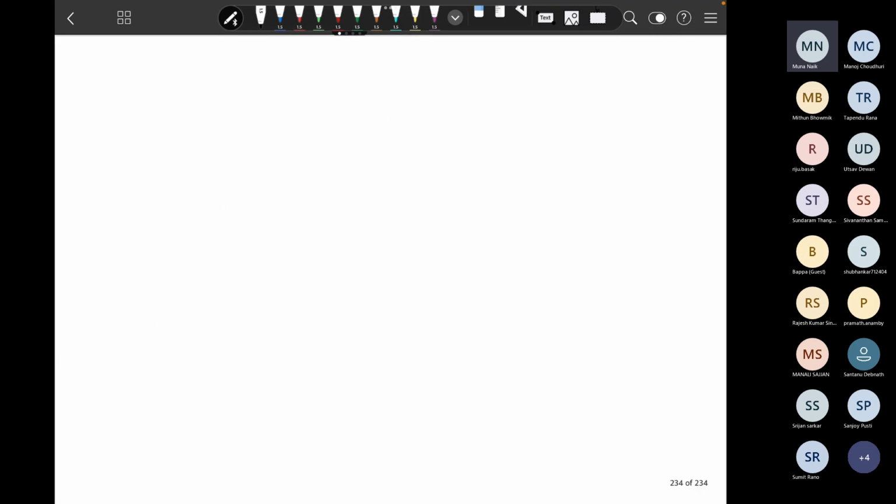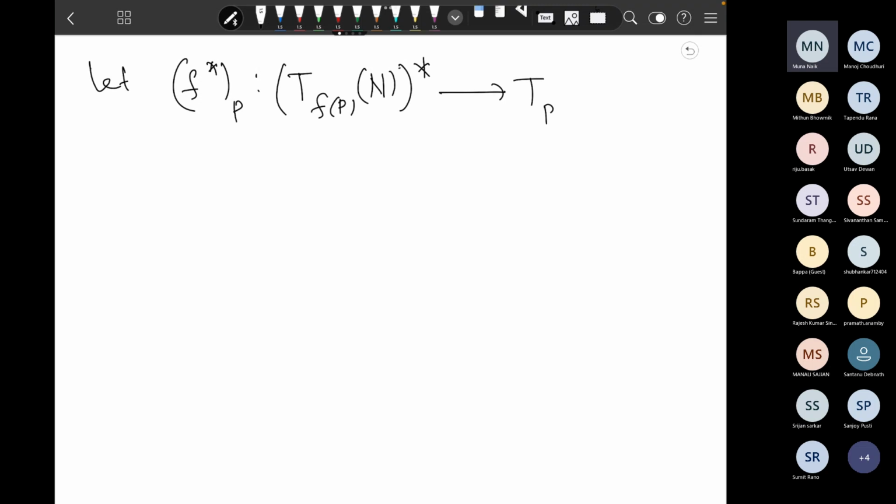So let F star. Actually, people write lower star here, but Helgason writes upper star, and I usually forget where to put the star, so I am using the Helgason notation.